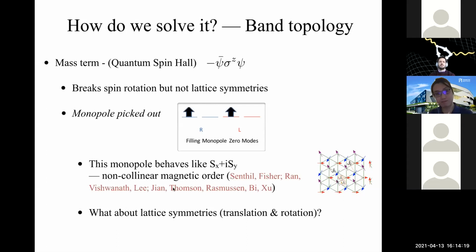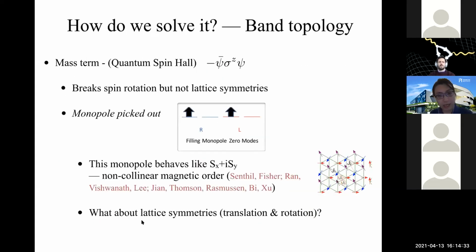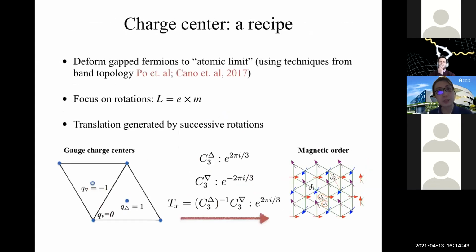So this kind of technique has been developed in the community over the past decade. And the next question, which is a bit more nagging, is how do you think about lattice symmetries in this problem? How does the monopole transform under various lattice symmetries?